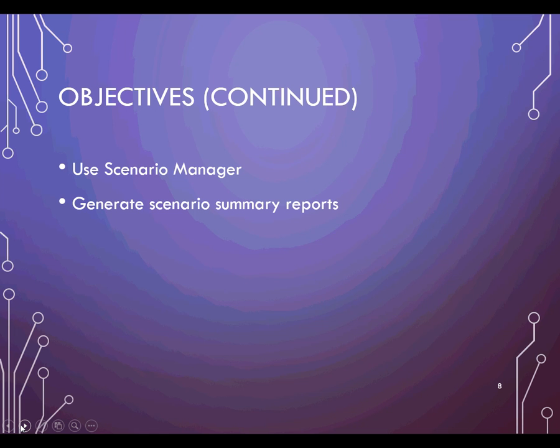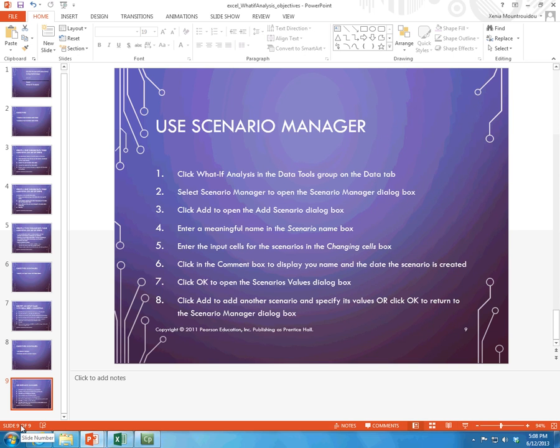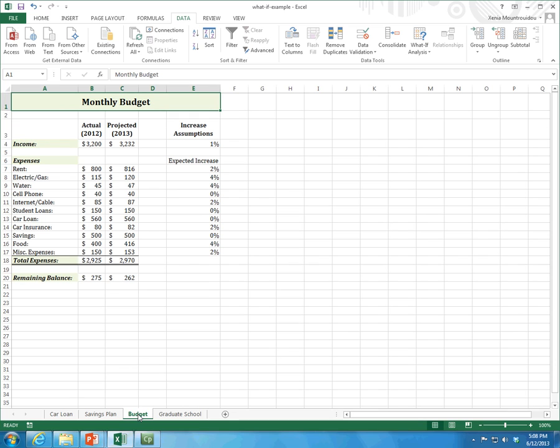And the scenario manager gives us a nice way to keep track of this. So here's the algorithm for the scenario manager, and of course all of this is theory until I do a nice example. And here we've got our budget that I was talking to you about.